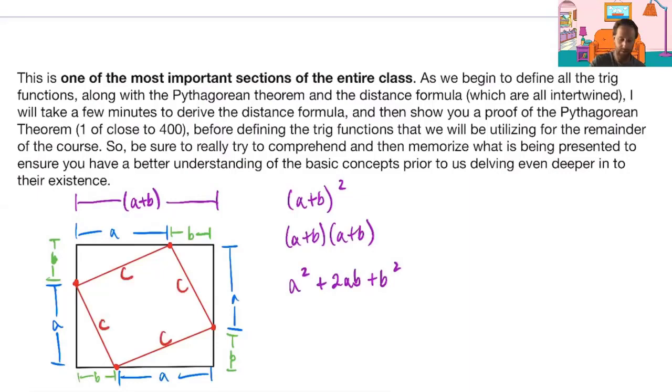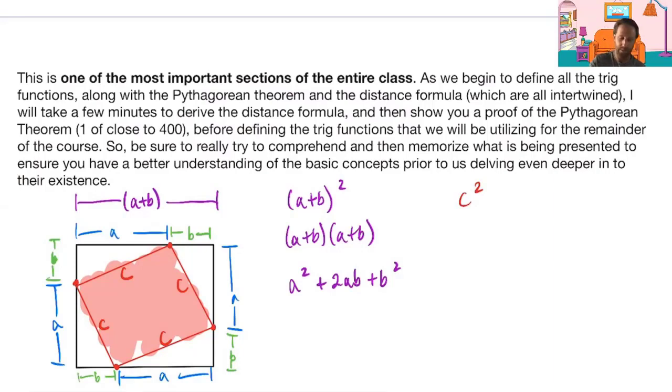And then that enables me to find the area of the inside of this, which is also a square. And that square there would be the same type of idea, a length times a length, or a side times a side, which in this case we're calling a length of C. So C times C, or C squared.